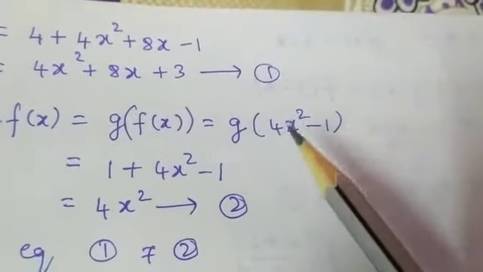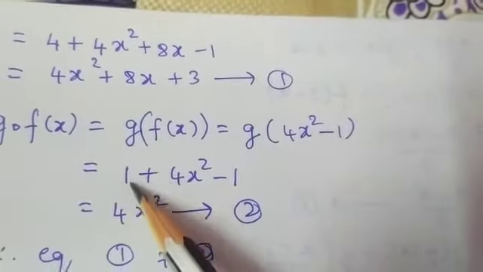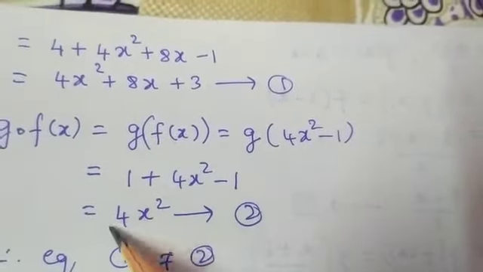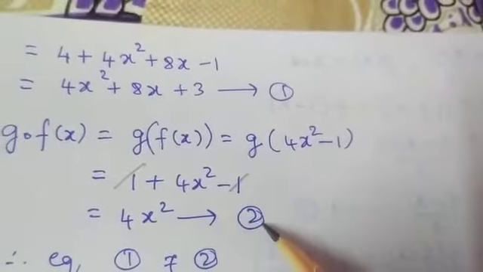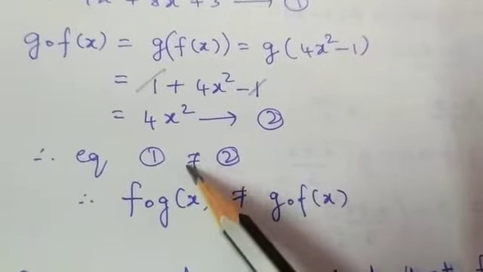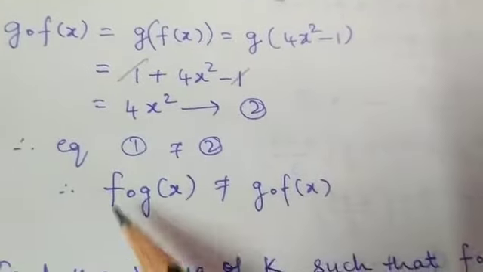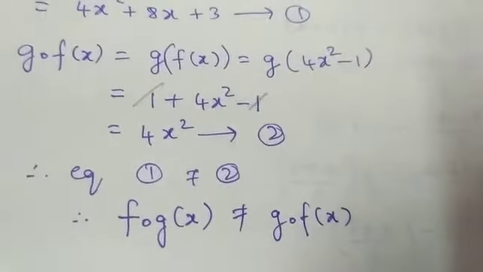And I'll put this 4x square minus 1 in the value of g, that is 1 plus 4x square minus 1, so 1 and 1 will get cancelled, so it will be 4x square. This is my second equation. Therefore equation number 1 and 2 are not equal, so therefore f dash g of x is not equal to g dash f of x.